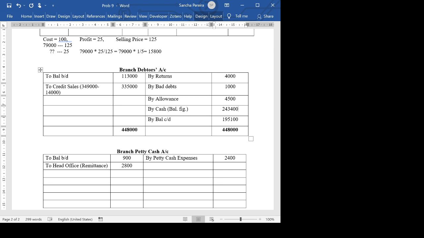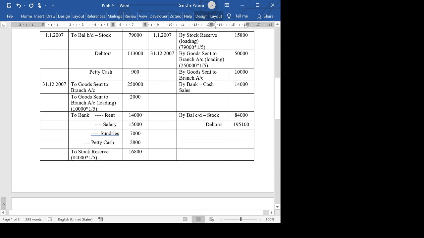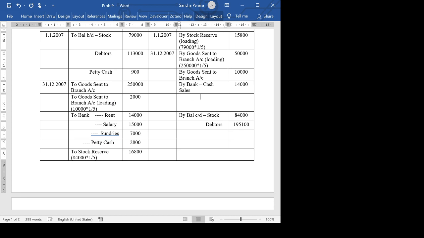Now please don't forget, we have not found this cash for nothing. We need this amount to be shown in the branch account, because this amount is being sent to the head office. So I'm going to show it here from debtors, by bank.